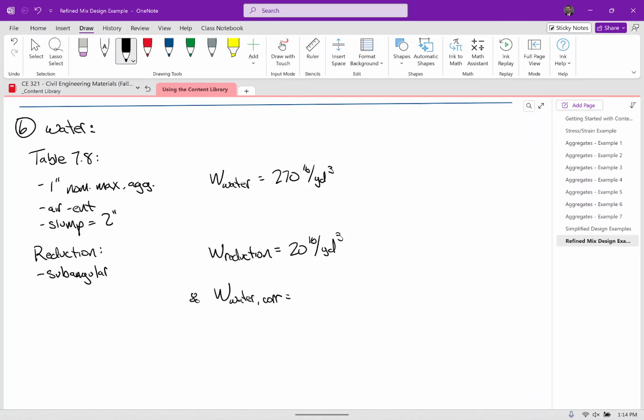So this was my initial weight of the water. I'm correcting it by reducing it 20 pounds. So this is 250.